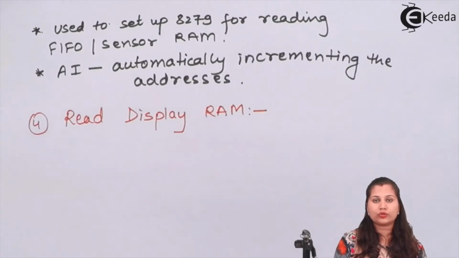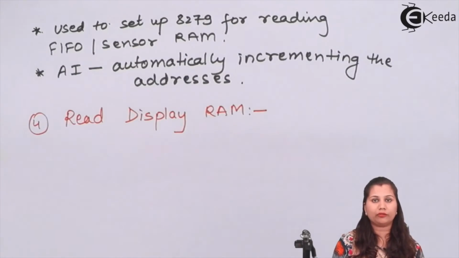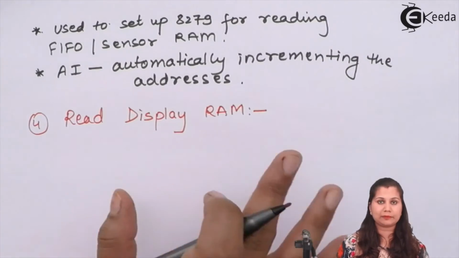The RAM which is associated with the input devices, that is the keyboard, is the FIFO RAM or the sensor RAM. When display devices are interfaced with the CPU, we have the display RAM.